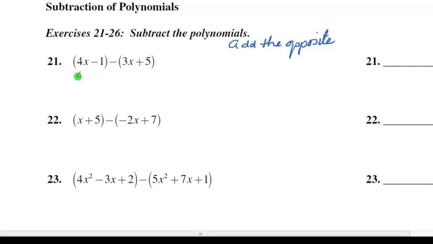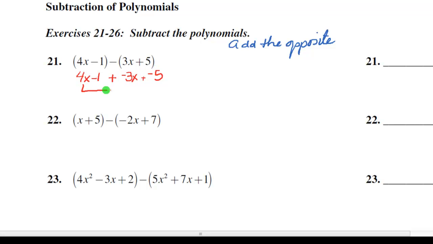So first parenthesis stays the same. This becomes a plus. This positive 3x becomes its opposite, negative 3x. And this positive 5 becomes its opposite, negative 5. So you change the signs that follow the subtraction sign.